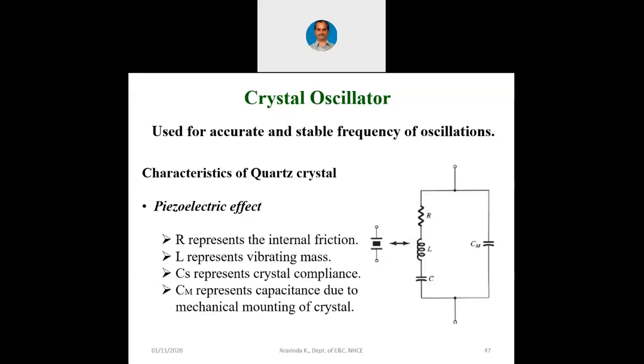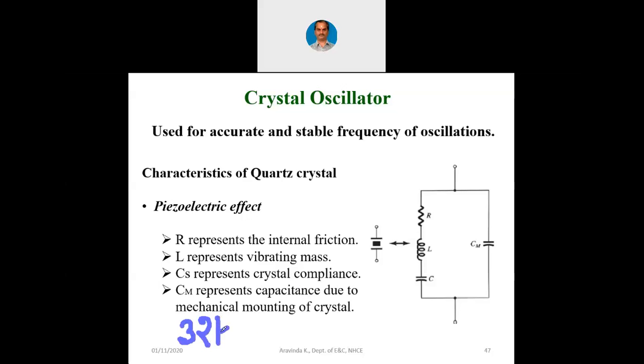That way the clock keeps showing the time. Now, what is there inside this wristwatch or inside the clock which we use at home or anywhere for watching the time? There is a crystal here.